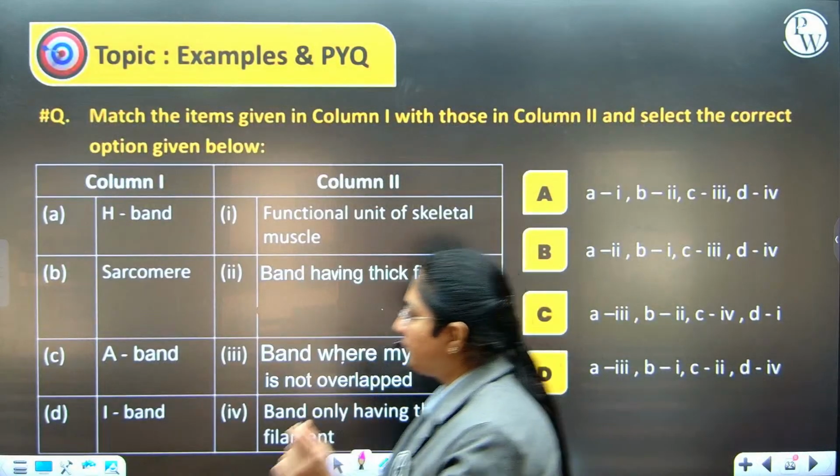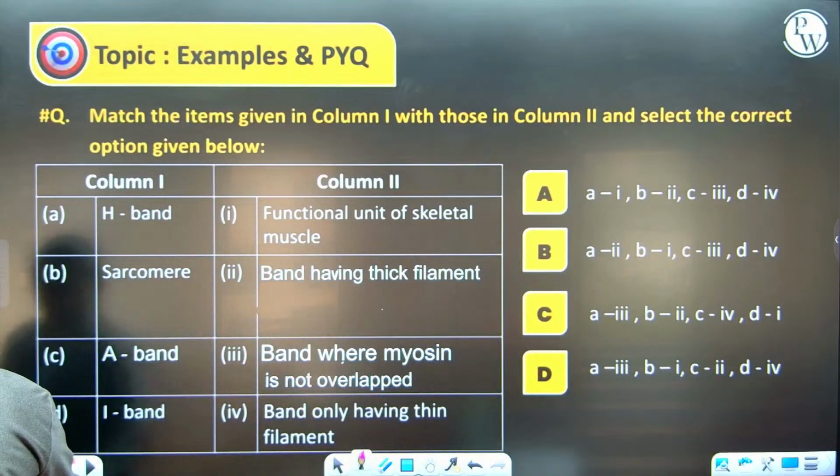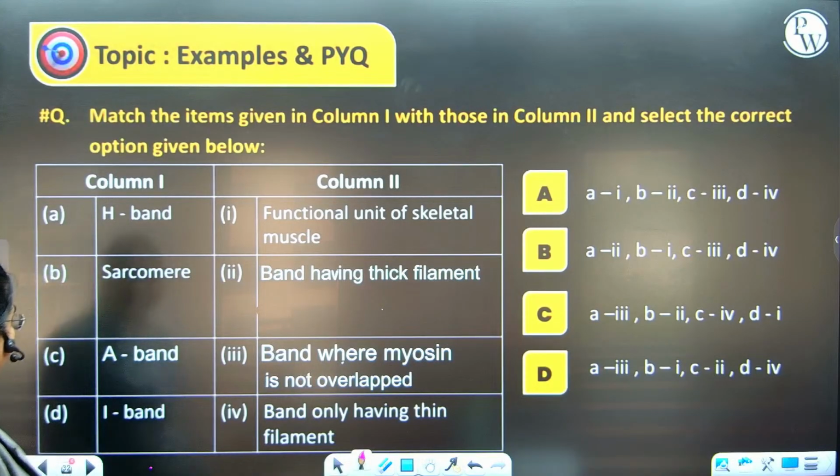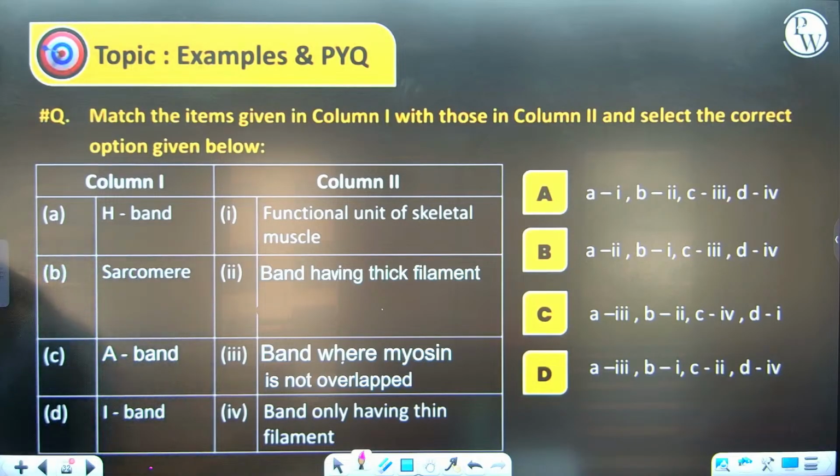Okay, quickly. One more question. Match the column: H band, sarcomere, A band and I band.